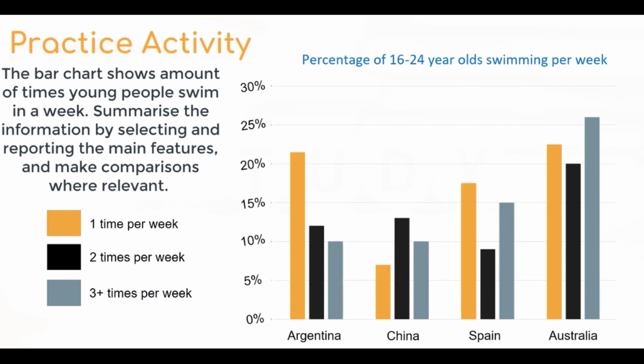Analyze the data, have a look and understand the information you are being shown, and then write your plan. Put this in the Q&A section and then we can give each other some feedback. Best of luck with this practice activity, and I'll see you in the next lesson.